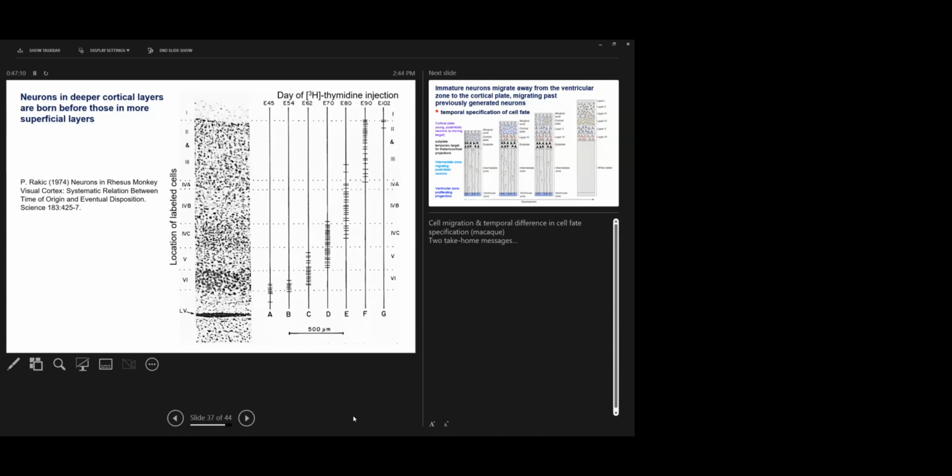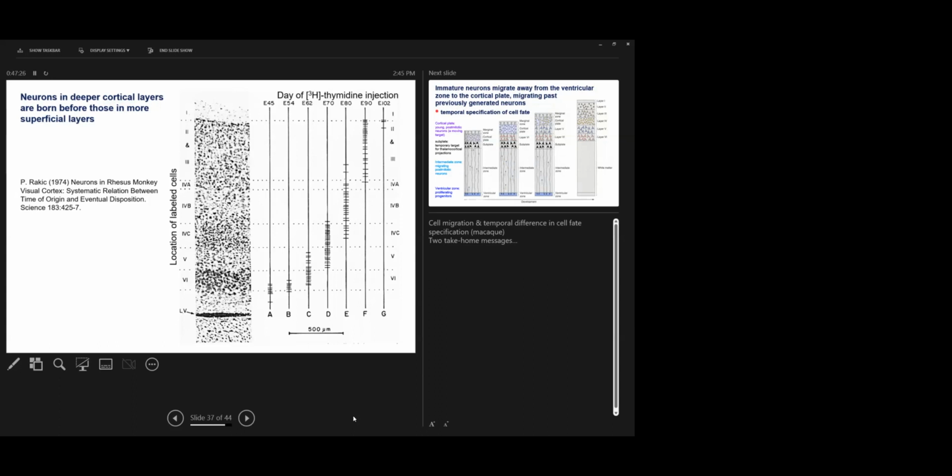If you inject radiolabeled thymidine at E62 days, you can label layer 5. This kind of experiment people have done to study different layers, because the cortex is a multi-layered tissue.